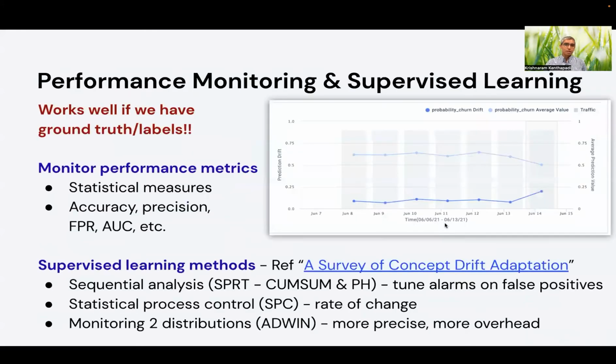Under the first category, we tend to apply these kinds of techniques when we have access to ground truth or labels. If there is a mechanism to obtain ground truth labels almost in real time, we can keep track of different quality measures of the model almost on a real-time basis, and see whether some of these quality metrics may be dropping over time.